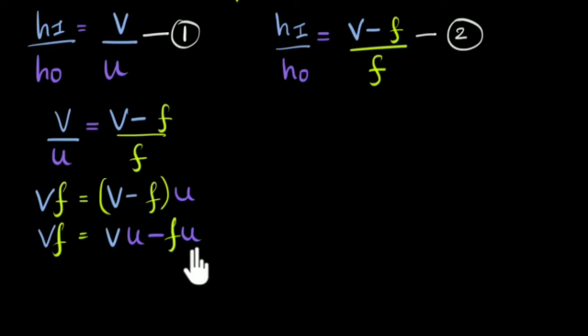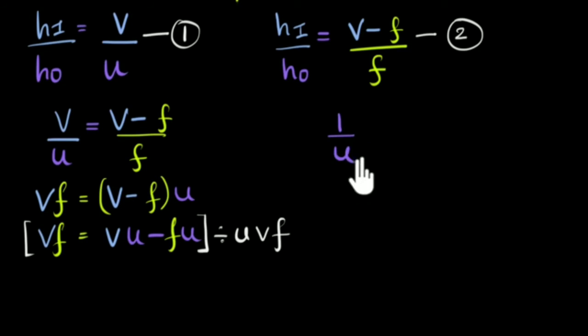Now to make this equation look pretty, just divide the whole equation by u, v, and f. So let's see what we end up with. On the left-hand side, v and f cancel, so you end up with 1 over u. So 1 over u equals, here v and u cancel out, so we are left with 1 over f, minus, over here f and u cancel out, which means we are left with 1 over v.